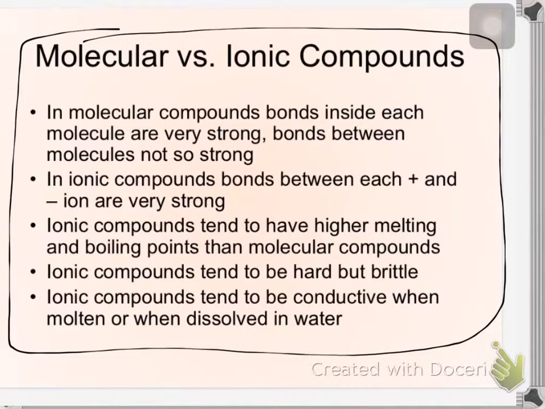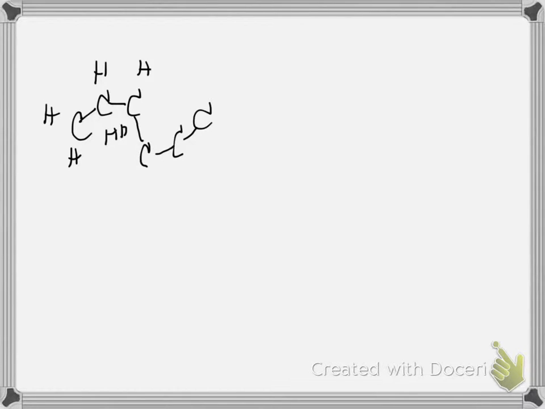In an ionic compound, you've got all these positive and negative ions shoulder to shoulder. So I'm going to draw something here for you. This is just sugar, a very bad drawing of a very generalized sugar molecule.